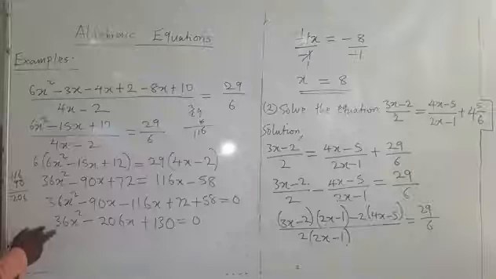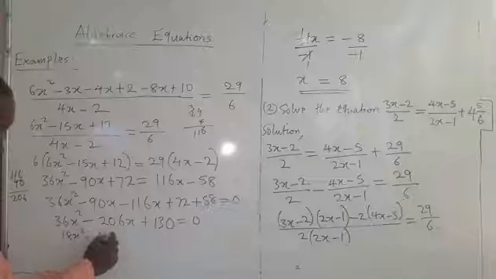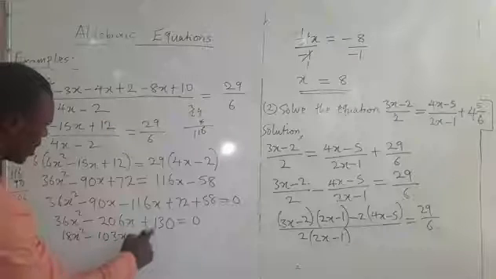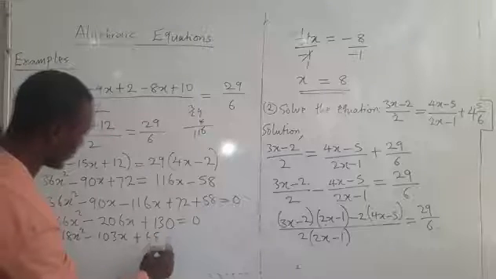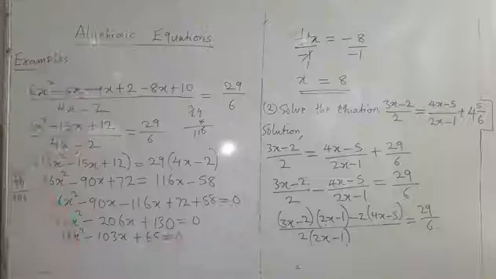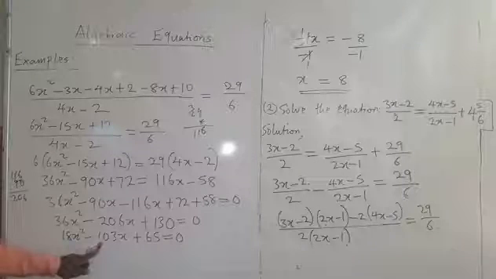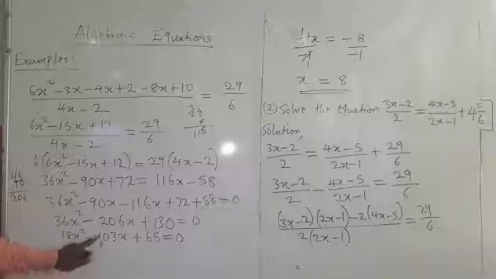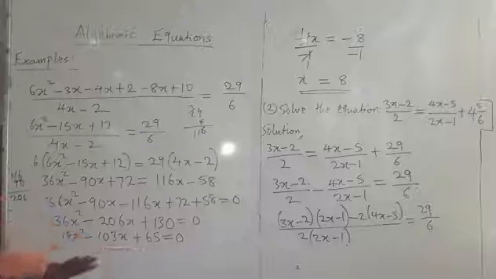If we use 2 to divide, we have 18s squared minus 103x, then plus 65 equals 0. I think 3 can still go. No, 3 cannot go into all of them. So let's have it as 18x squared minus 103x plus 65 equals 0.